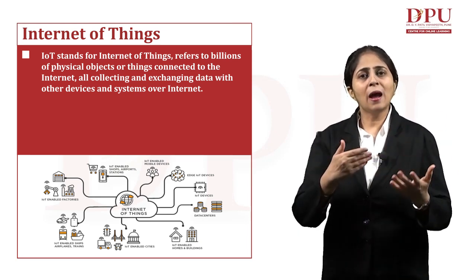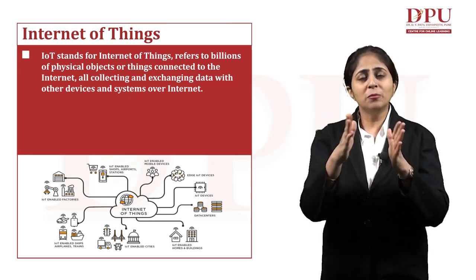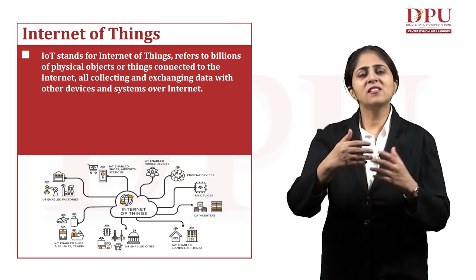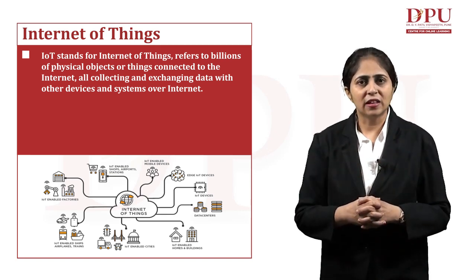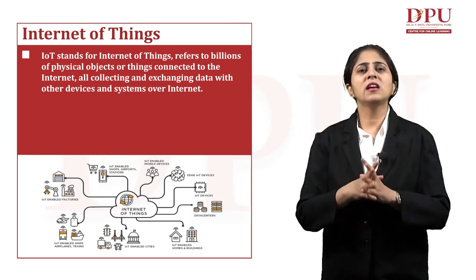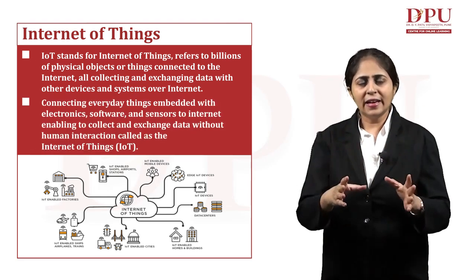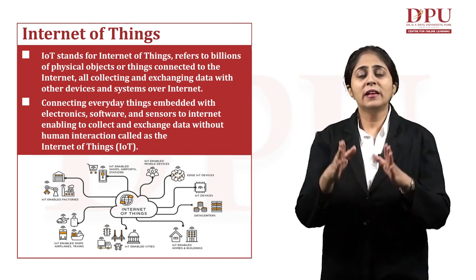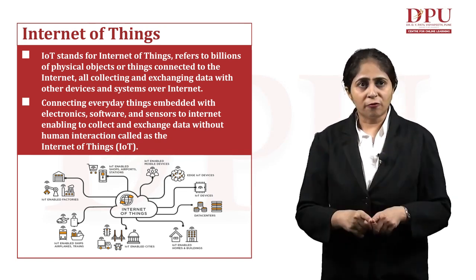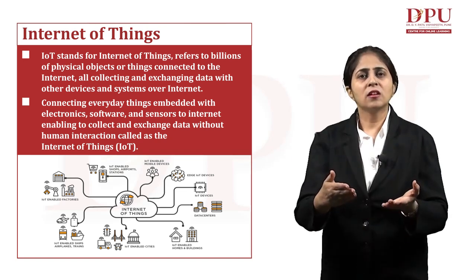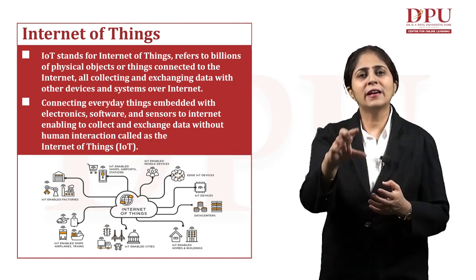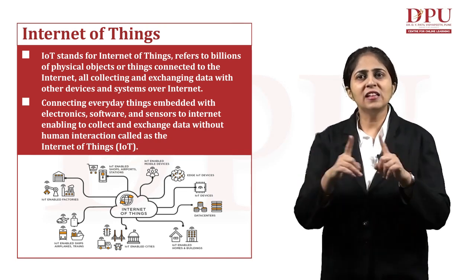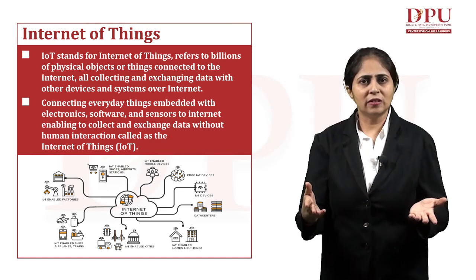So this is all happening because there are sensors in all these devices, and these sensors exchange this data with the help of the internet. So this is Internet of Things, connecting everyday things which are embedded with electronics, software and sensors to the internet, enabling them to collect and exchange the data without human interaction.